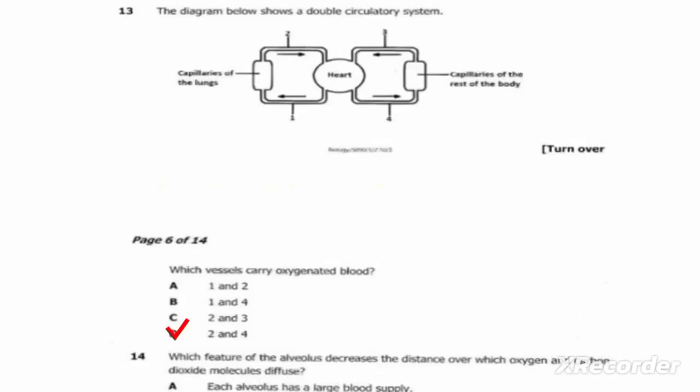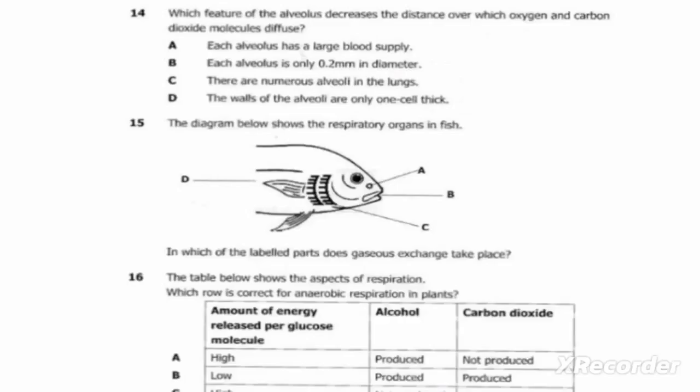These are two blood vessels that carry oxygenated blood, or pure, uncontaminated blood.